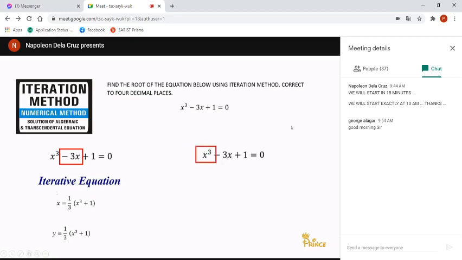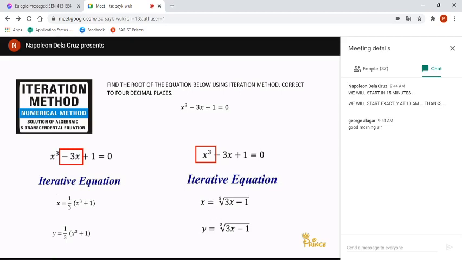Let us transpose this on the other side. So we have now x is equal to the cube root of 3x minus 1. And that will be now our iterative equation number 2.